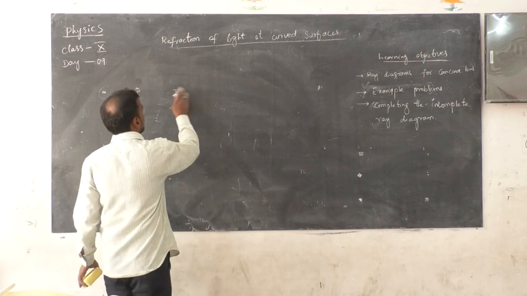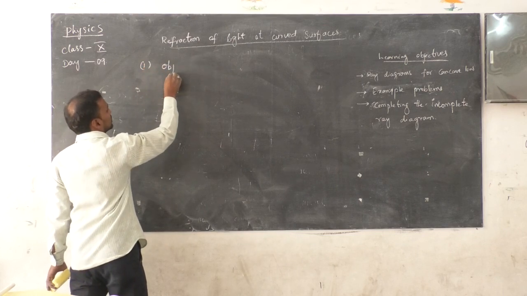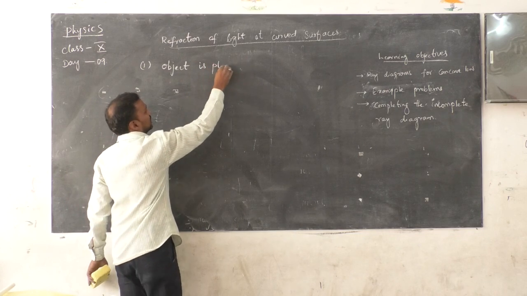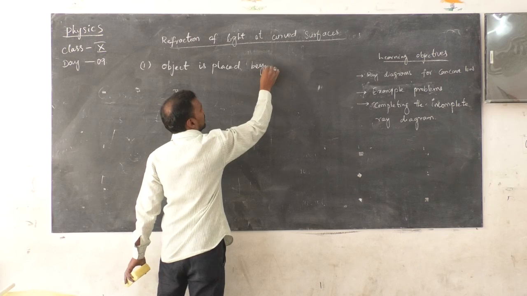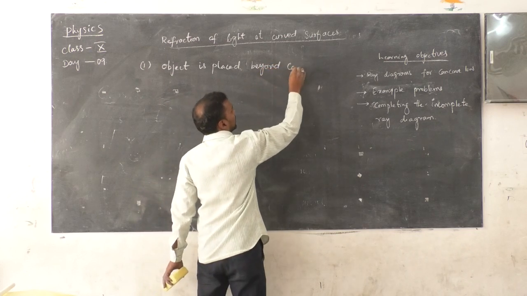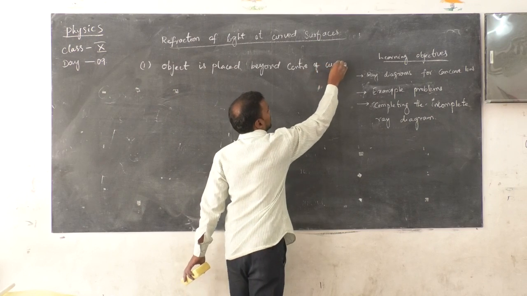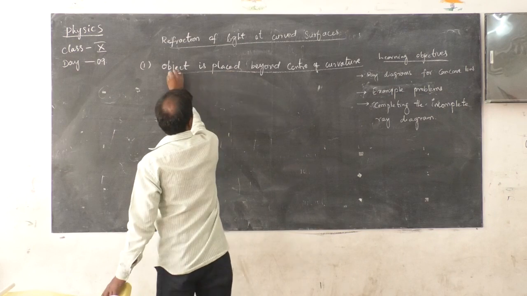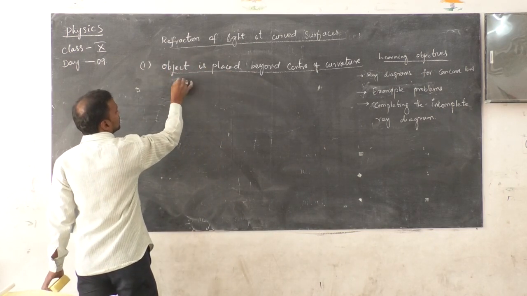So, case 1. I am drawing when the object is placed beyond the center of curvature. This is a concave lens, biconcave.